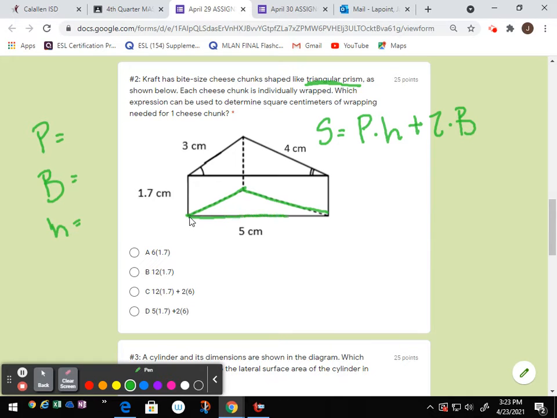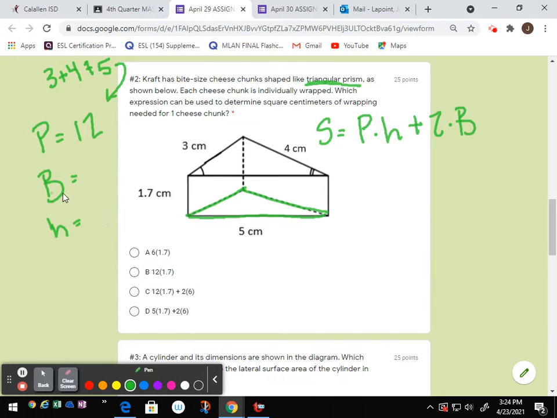So to find the perimeter, we need to add up all 3 sides. So this length is 5. This length right here, it says it's 4. Then this length says up here that it's 3. So 5 plus 4 plus 3 is going to be equal to 12.